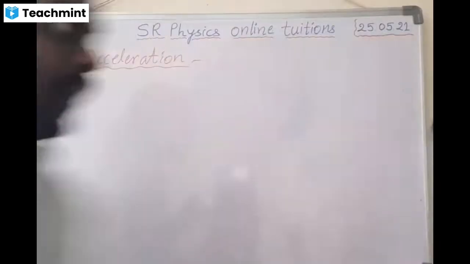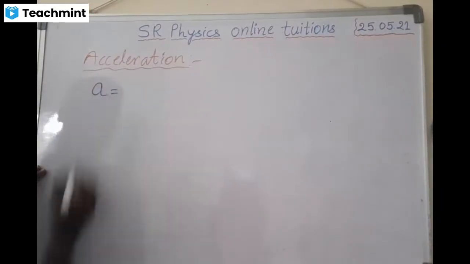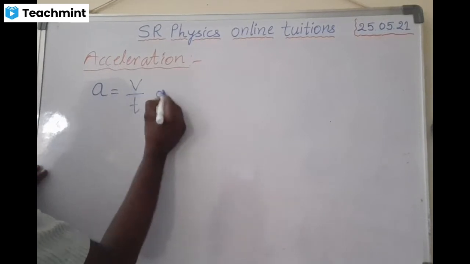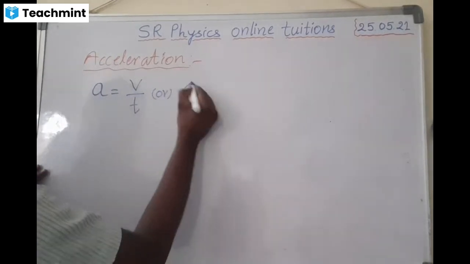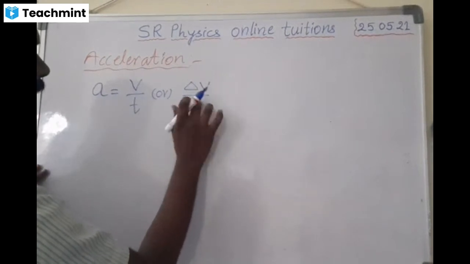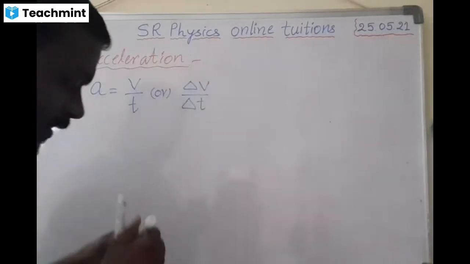We can define this in different ways: a is equal to v by t, or delta v by delta t. Now let us analyze this situation.